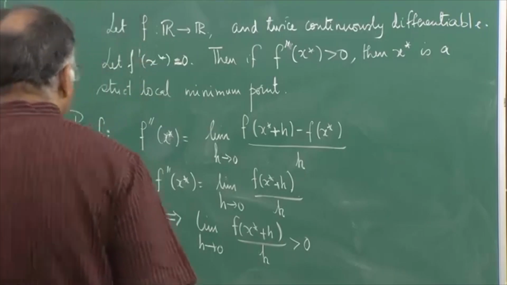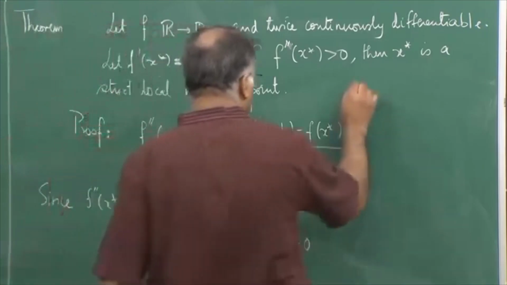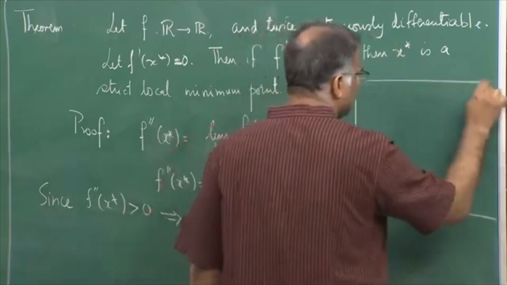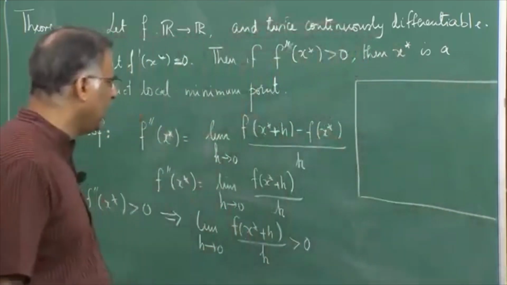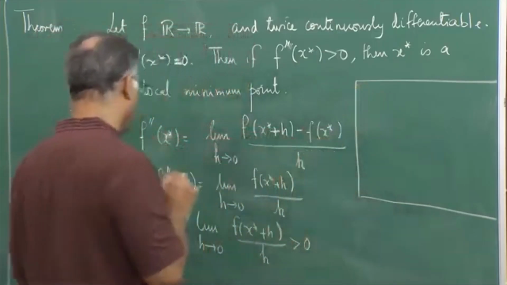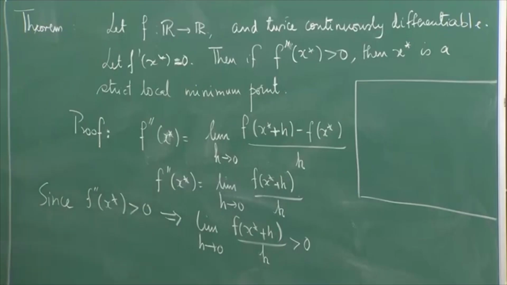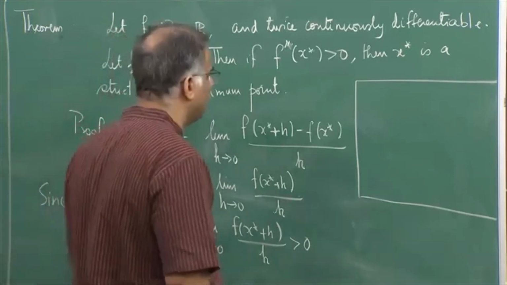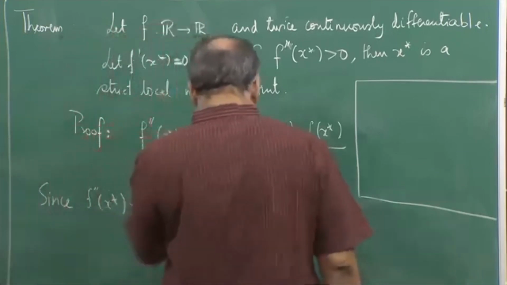Now, here is some reasoning that you should be very careful about. What is that limit? The limit of this is f''(x*), which is positive. So what does it mean?